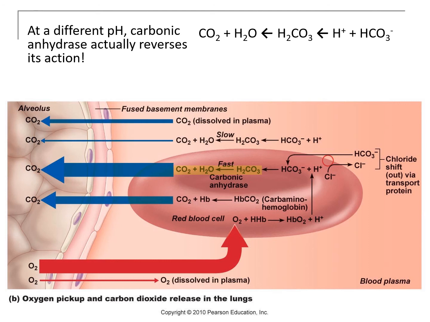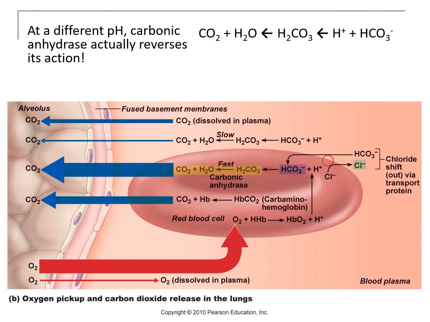Now, in order to get H2CO3 to transform to CO2 and H2O, the bicarbonate and the hydrogen have to come from somewhere. So you're actually going to see a reversal of this antiporter. You're going to have a chloride shift out via a transport protein, so chloride goes out and bicarbonate comes in. This is where you get the bicarbonate to form the carbonic acid.